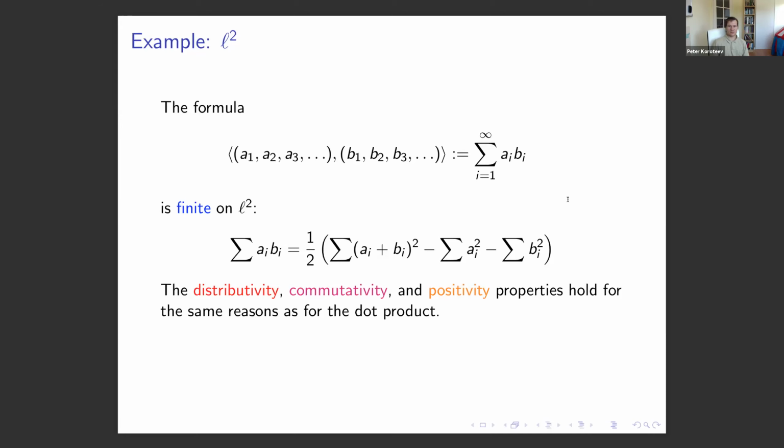We just showed that each of these terms belongs to L2, and therefore any linear combination of them also belongs to L2. The distributivity, commutativity, and positivity properties hold for the same reasons as for the dot product before. Thus, we have defined an inner product on the space L2.